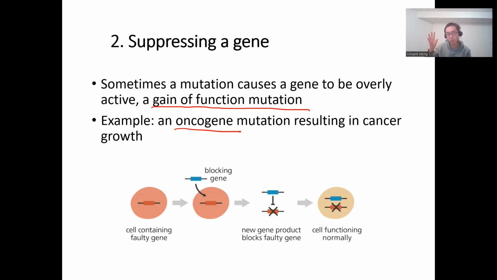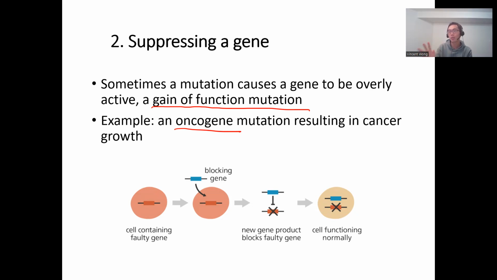So in this case, we want to create a gene that will go into the cell and suppress the oncogene, right? If we're able to suppress the oncogene, then the tumor will not grow anymore. It loses that green light. It loses the signal to keep on dividing, right?